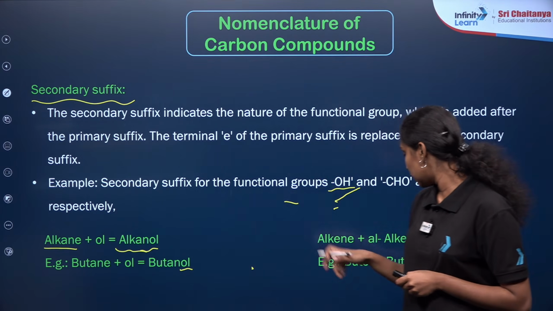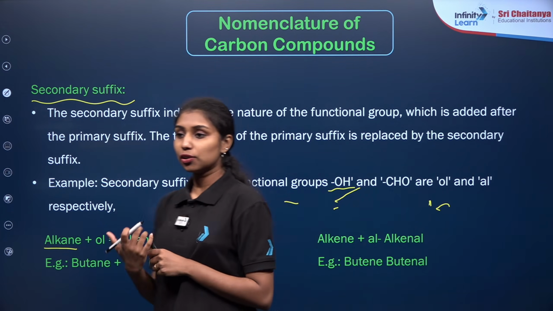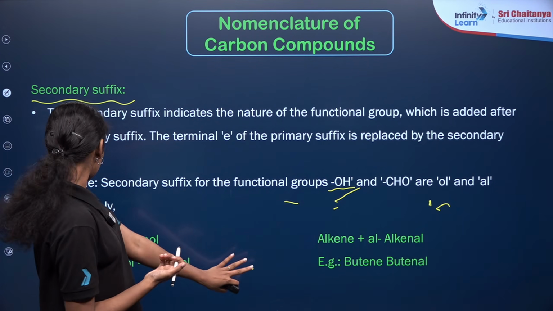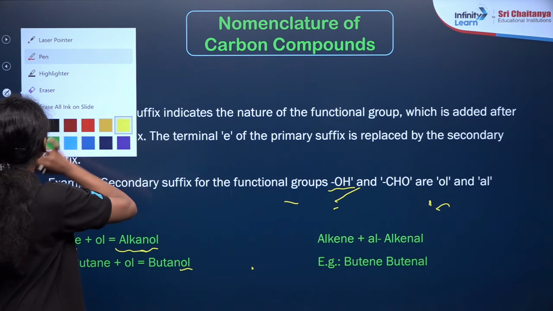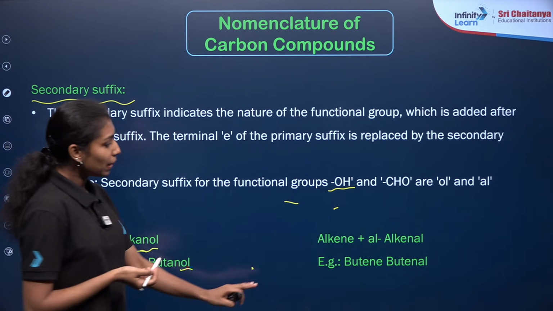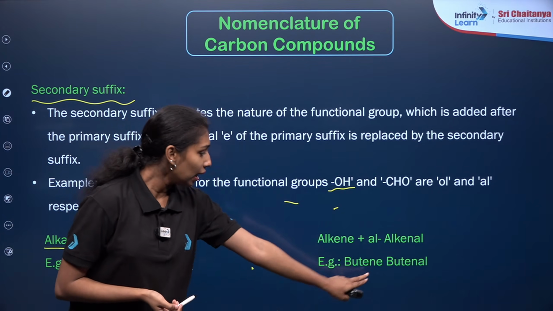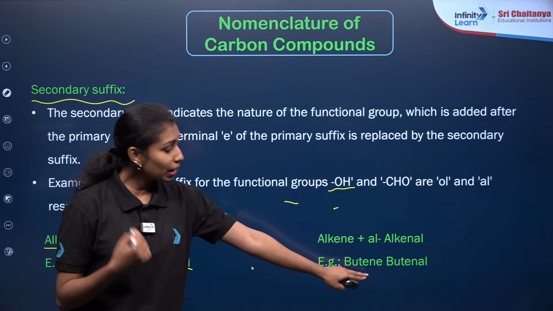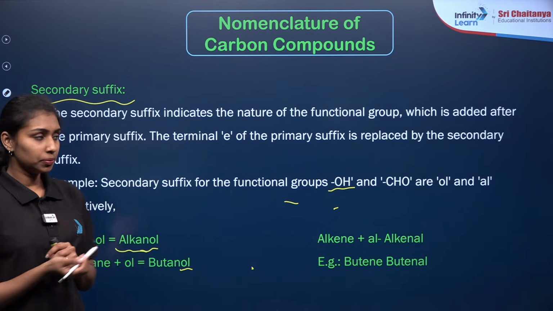And if you take the aldehyde group as a functional group, the secondary suffix will be al. So alkene plus al will be alkenal, and the name of this compound will be butenal. Is that clear?